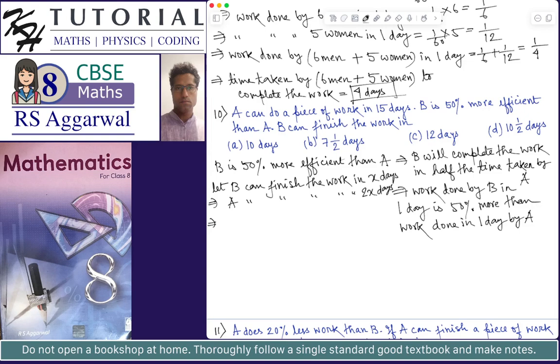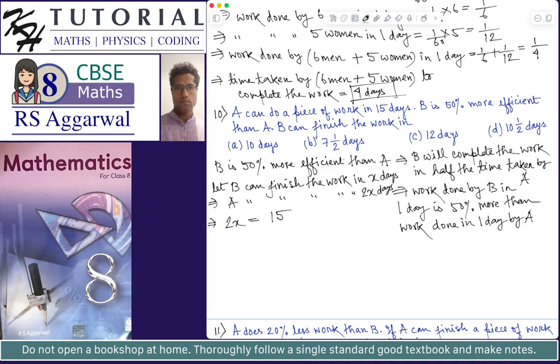So as per our assumption, 2x will be equal to 15. Since we have assumed that B can finish the work in X days, A will finish the same work in 2x days, because since B is 50% more efficient than A, A will take twice the time to complete the work as taken by B. So if B takes X days to complete the work, A will take 2x days.